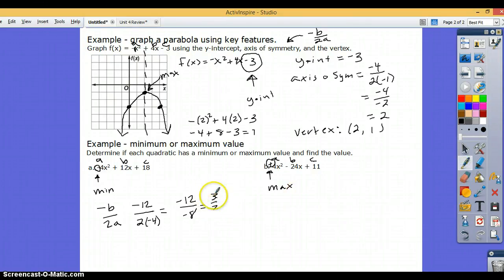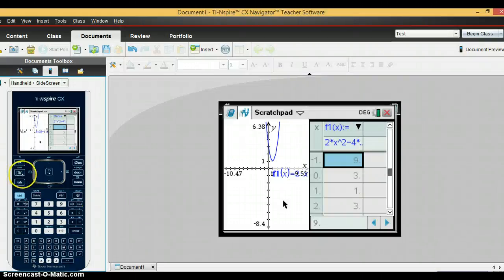Alright, if you don't know how to use this, that's fine. We can use the calculator. So it's negative 4 times 3 halves squared plus 12 times 3 halves plus 18. Do not, I repeat, do not just do this one by hand. We're going to go here.